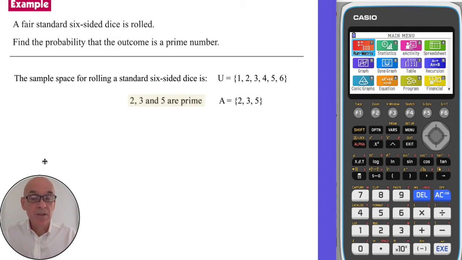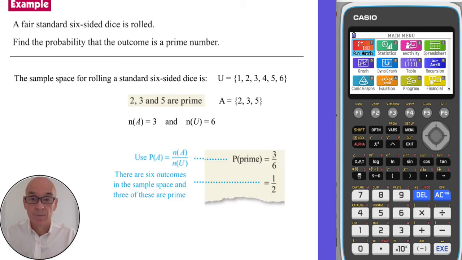So 2, 3, and 5 are prime numbers. The number of outcomes in set A is 3, and the number of outcomes in the sample space is 6, as shown. So the probability of rolling a prime number is 3 in 6, or 1/2.